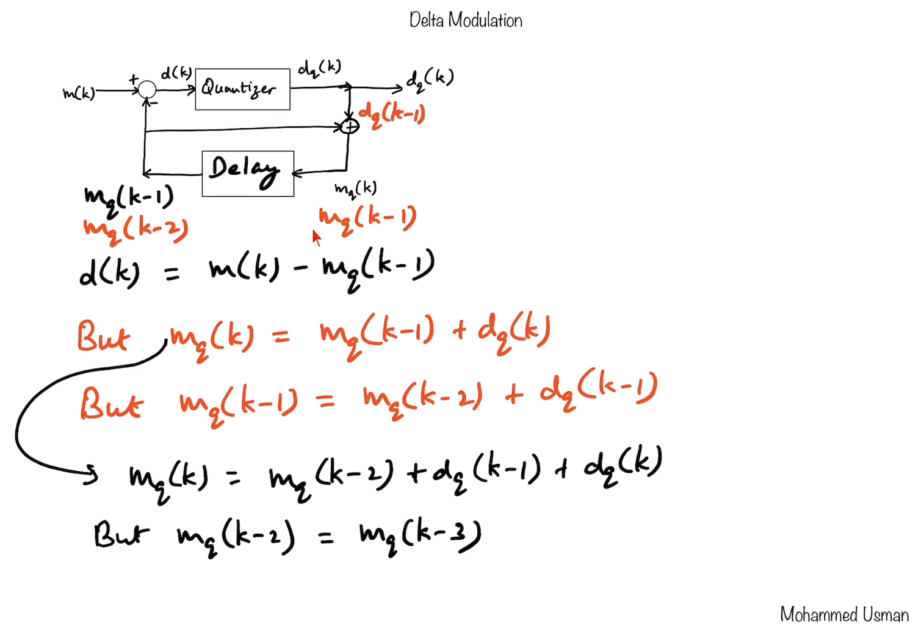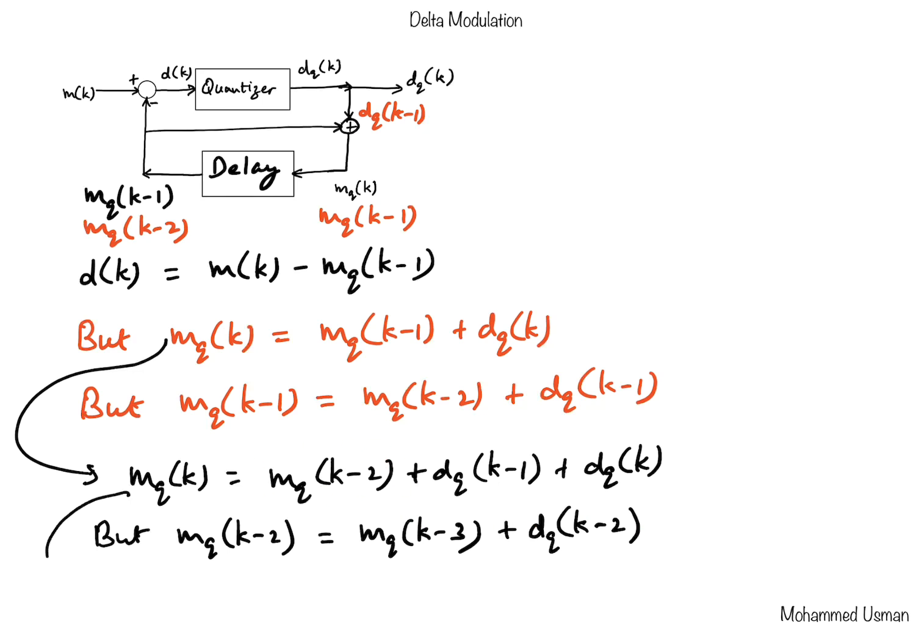That means when we have k-2 here, the output would be k-3, and here we will have dq[k-2]. So we are going to substitute the sum of these two terms in place of mq[k-2].